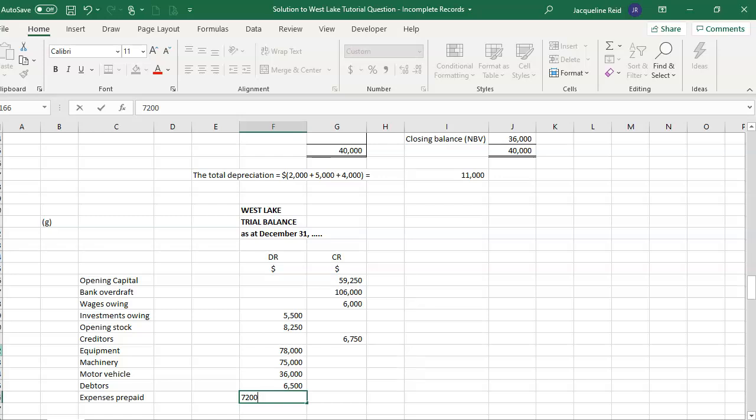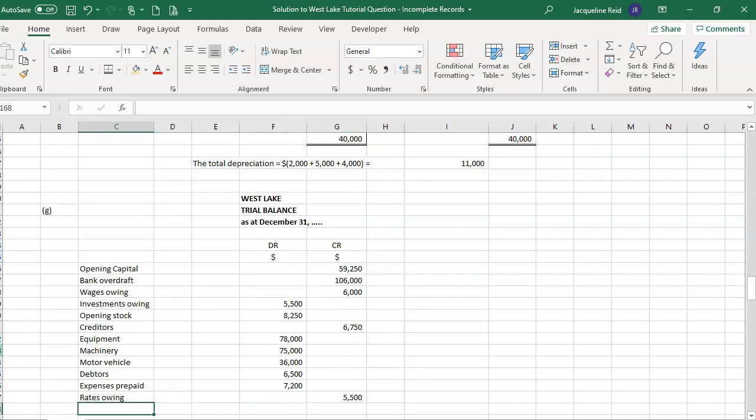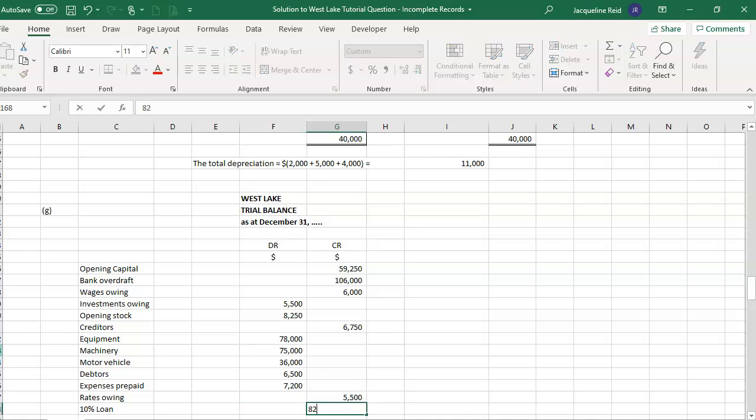And then rates owing was $5,500, which is a liability. And then the last thing we had was the 10% loan. So these figures that we just used came straight from the table. 10% loan was $82,500.